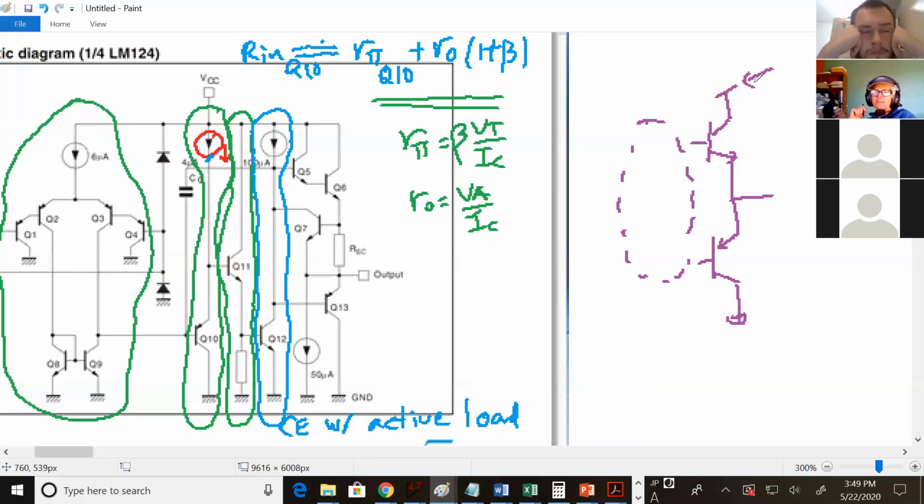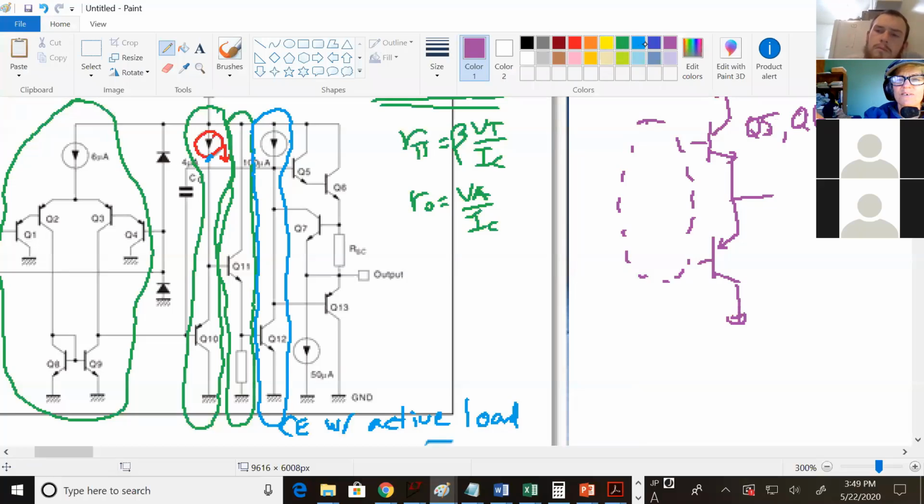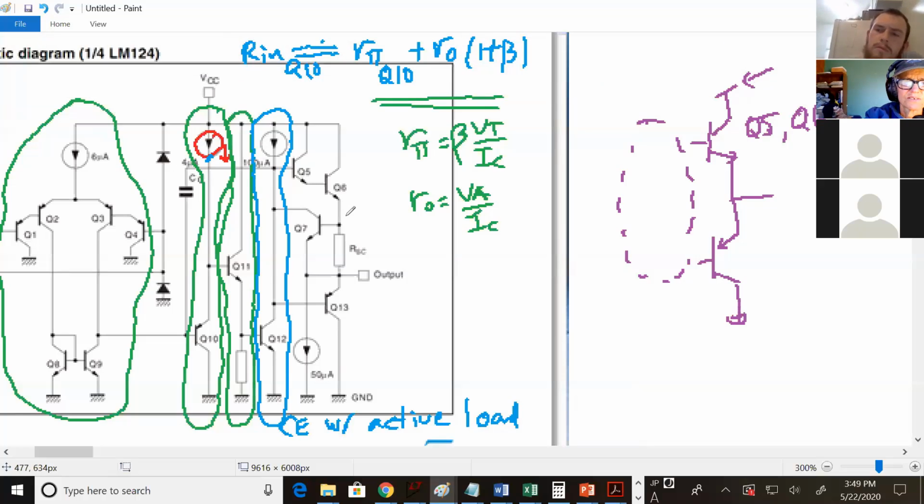Okay. And it looks like Q7 and that resistor form that safety like we saw in the first one. Okay. Actually, it goes all the way down here. For this particular one, the safety circuitry goes all the way down to the bottom.